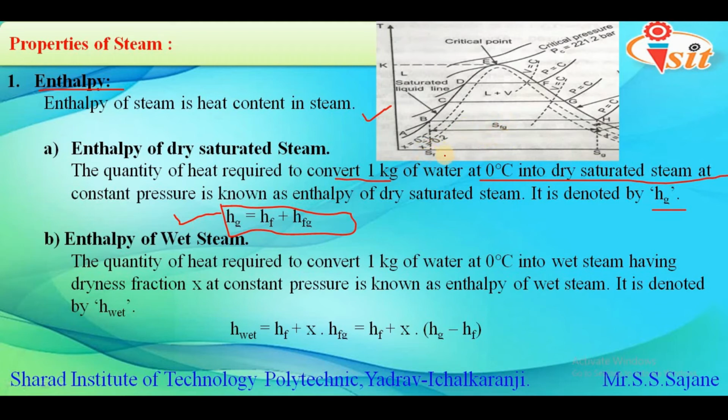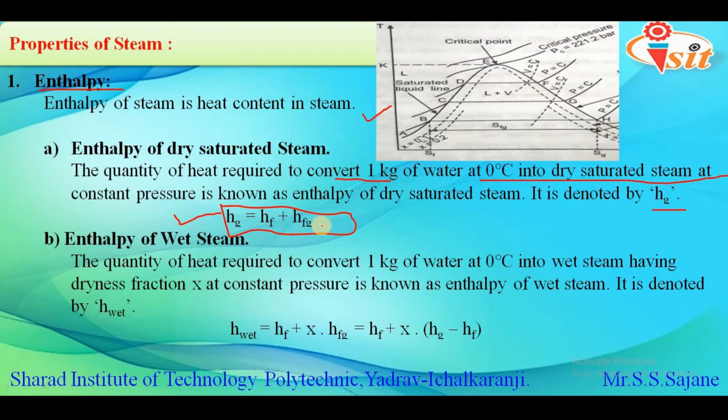All these values we obtained from the TS diagram. Similarly, we can obtain all the values of Hg, Hf and Hfg. These are the values of enthalpy obtained either from the saturated liquid line or from the saturated vapor line, or we can obtain the value of Hfg from the wet region.